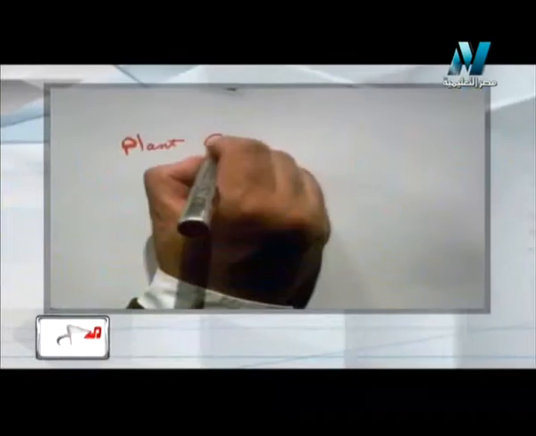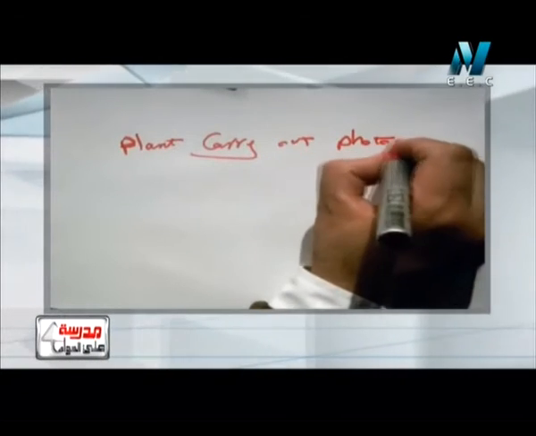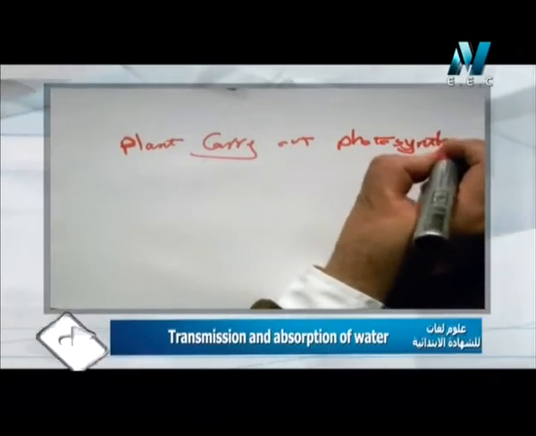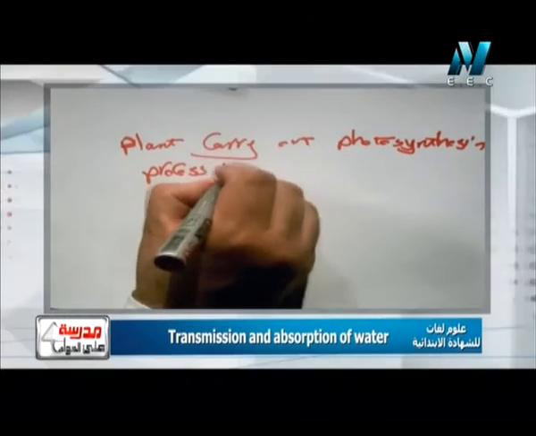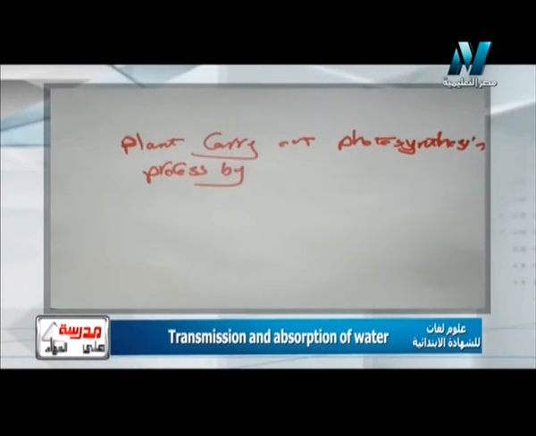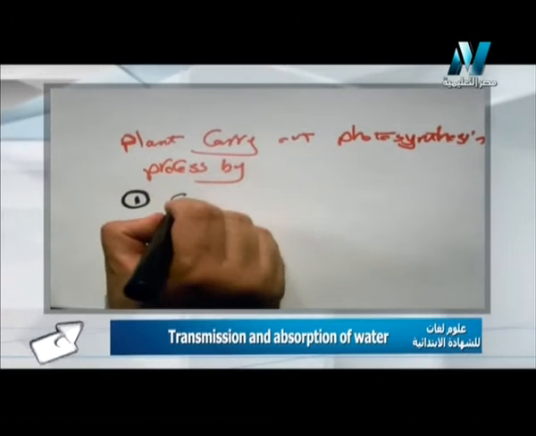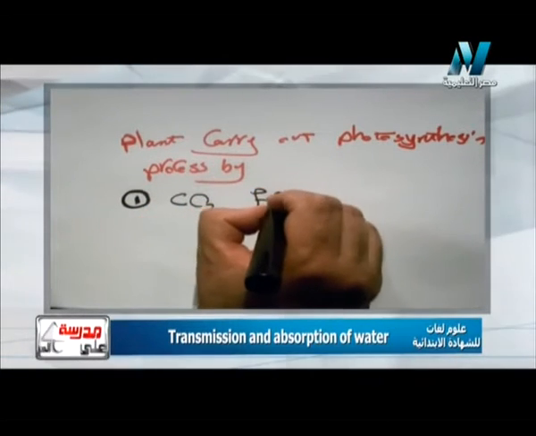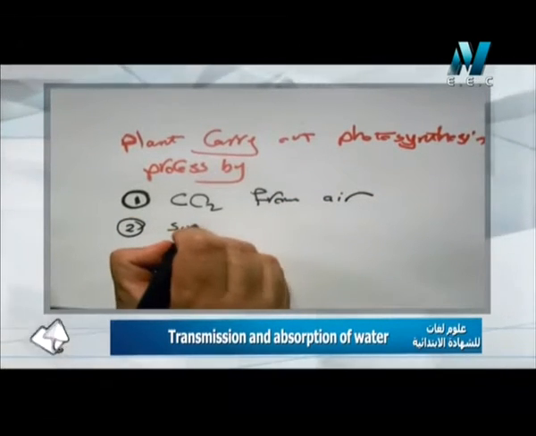Any plant carries out the photosynthesis process. It needs 4 conditions or factors. Number 1, carbon dioxide gas from air. Number 2, sunlight.